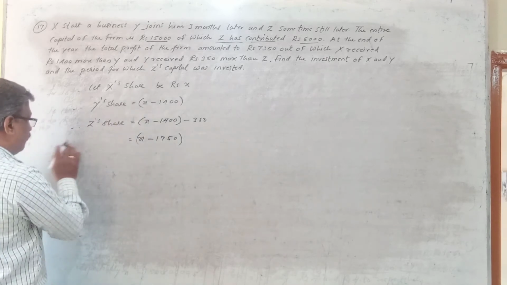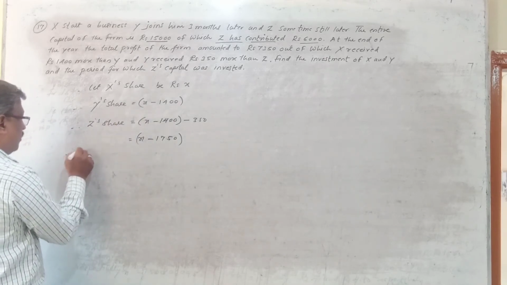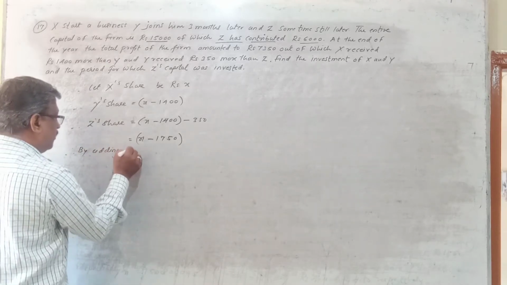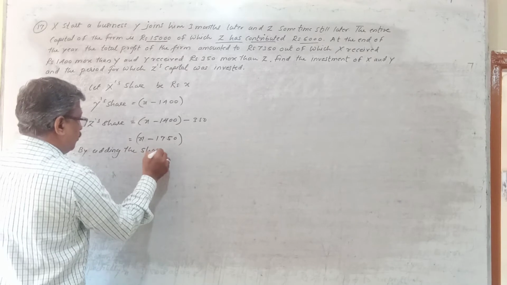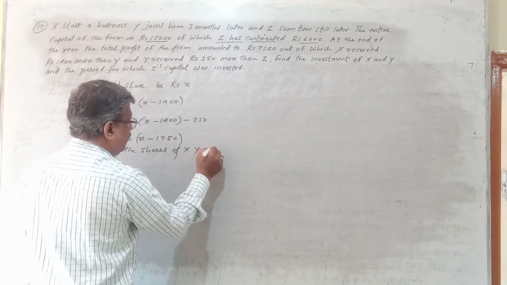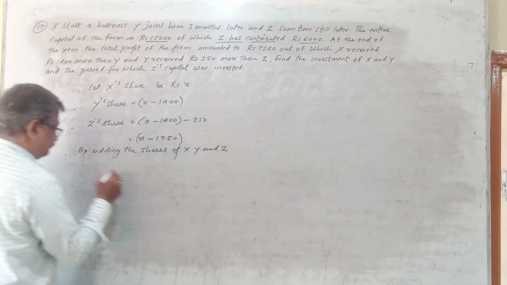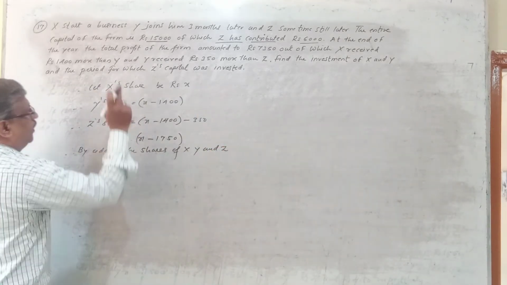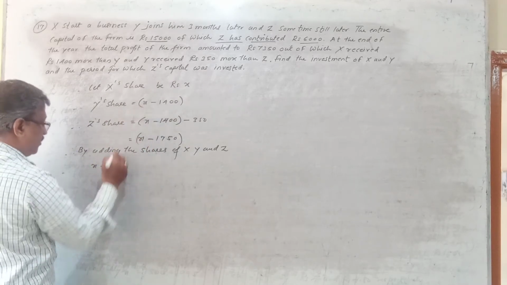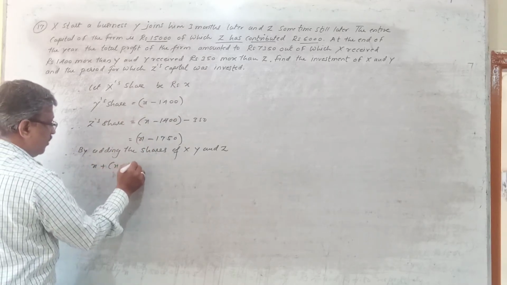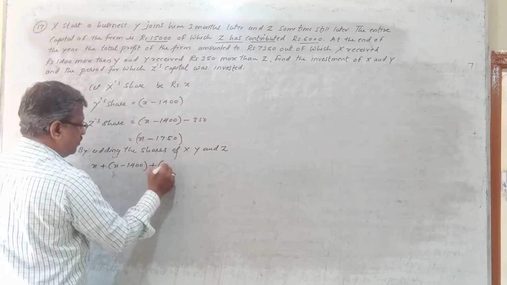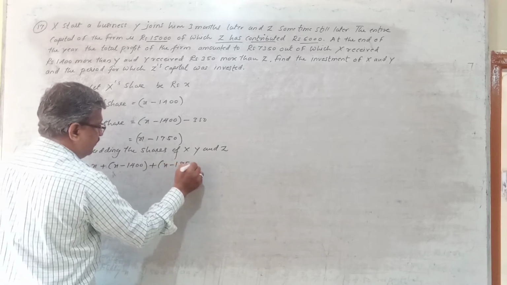So here you have to write, therefore by adding the shares of X, Y and Z. X's share is X. Y's share is X minus 1400 plus Z's share X minus 1750.